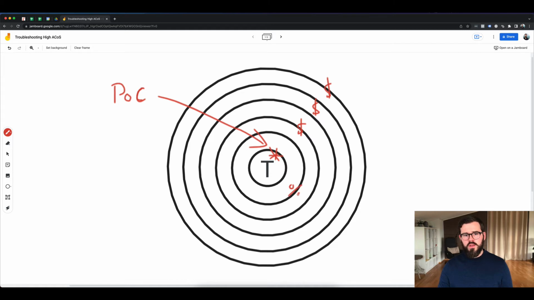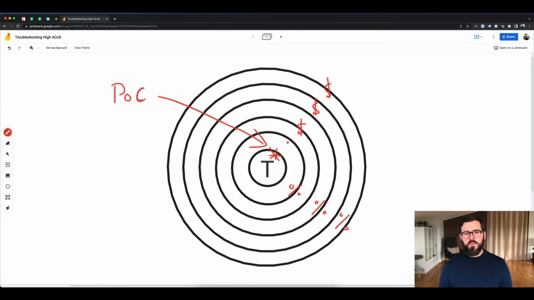The broader the targeting, the lower the conversion rate will usually be on those ads. So the conversion rate is going to go down, and the costs are going to go up essentially. And this is why, if you have something that is working, let's say a 75% ACoS here, and you go broader, the cost will go up, and the conversions will be lower. So the ACoS will be even higher out here.